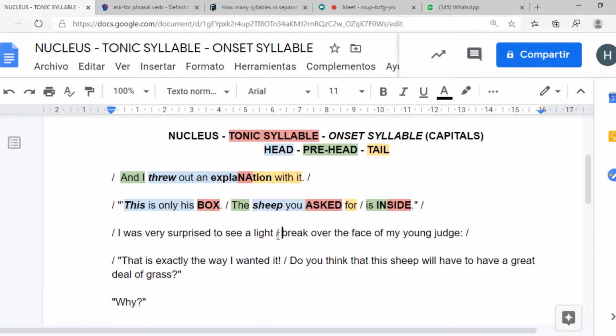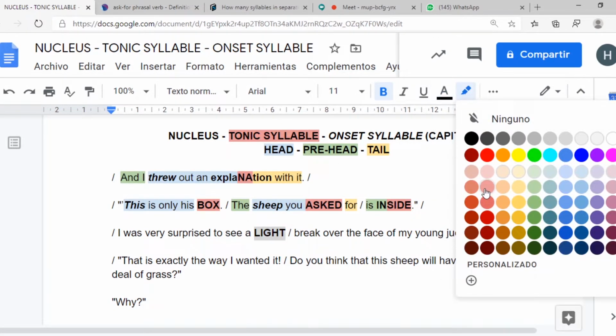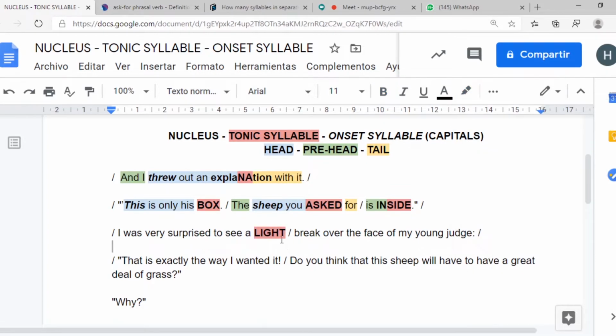And we can start checking for our nucleus. To see a light here, light. So it ends in a pole, okay, and as this is a monosyllabic word, it will be my tonic syllable.